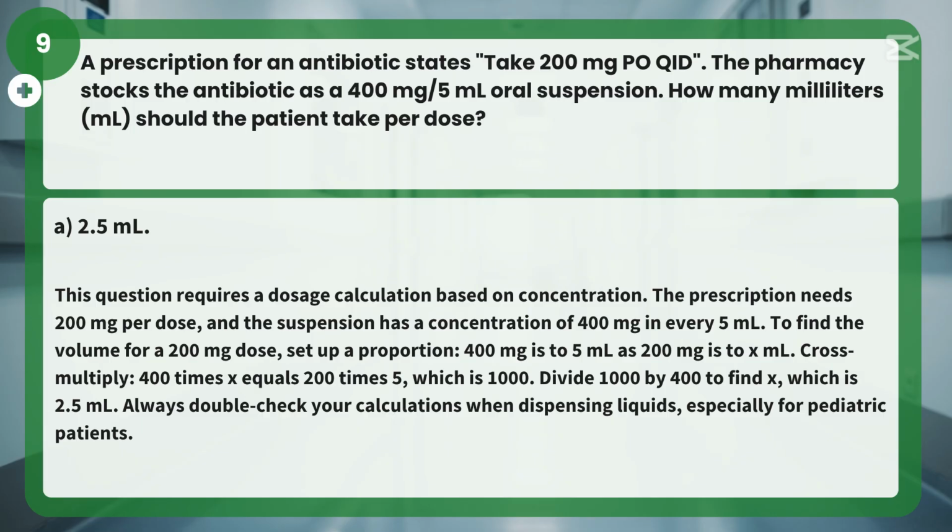Cross-multiply: 400 times x equals 200 times 5, which is 1000. Divide 1000 by 400 to find x, which is 2.5 ml. Always double-check your calculations when dispensing liquids, especially for pediatric patients.